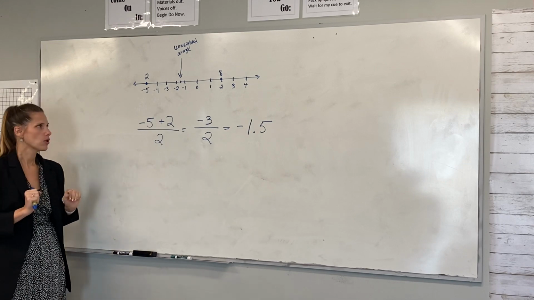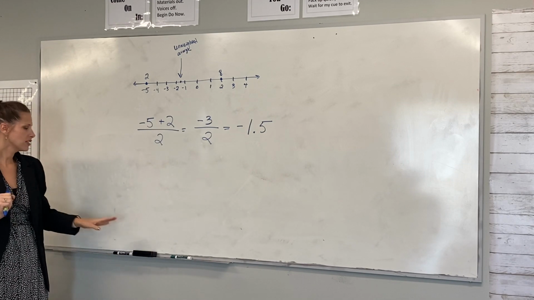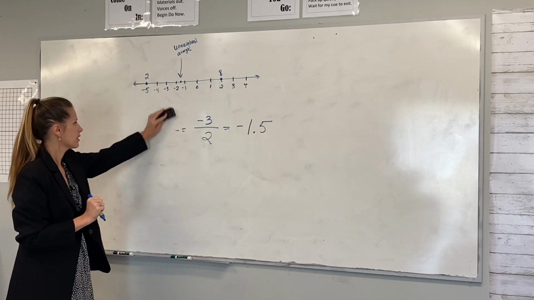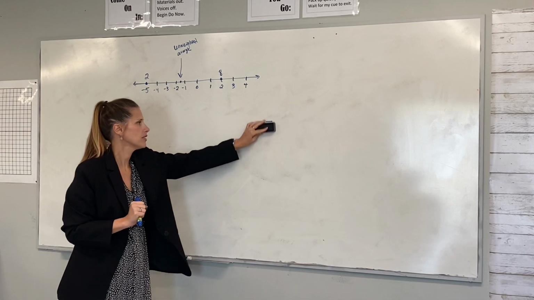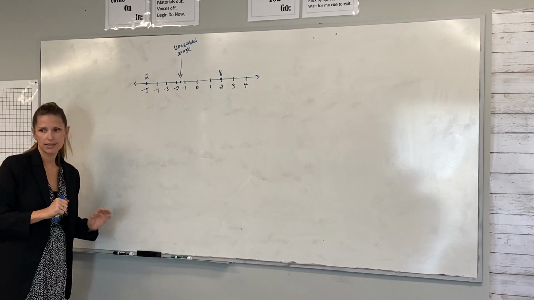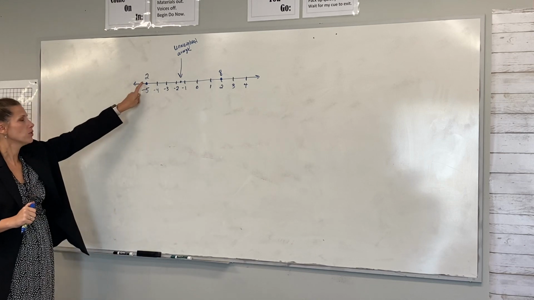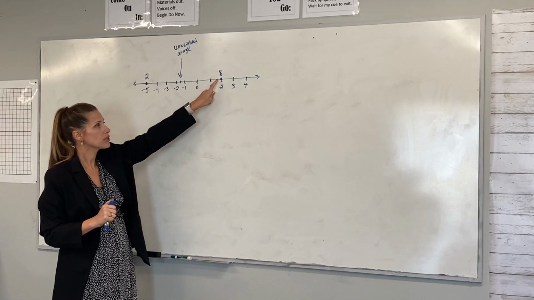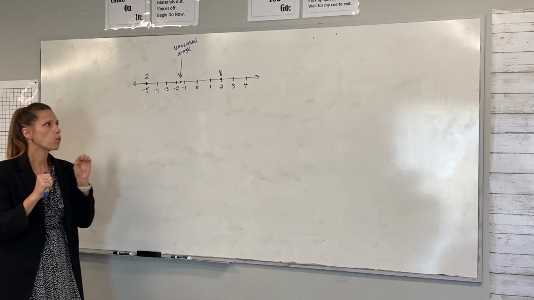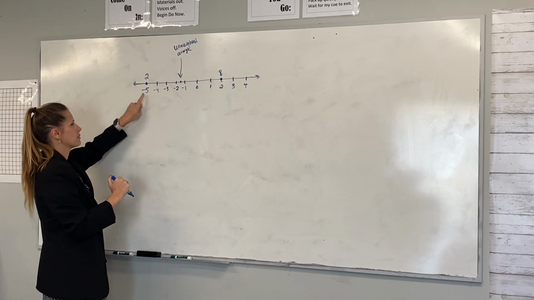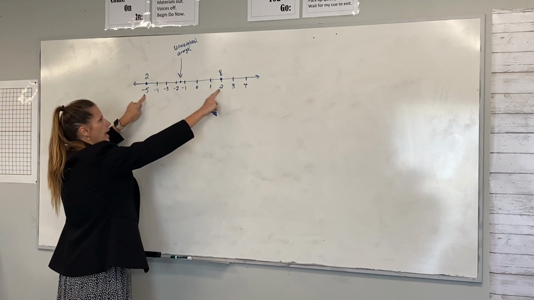Okay, so when you're finding the weighted average, you're dealing with numbers that have certain weights to them. The 2 and the 8 represent the weights of, respectively, the negative 5 and the 2.